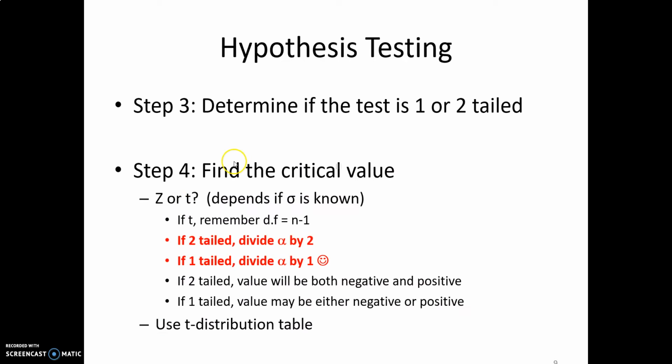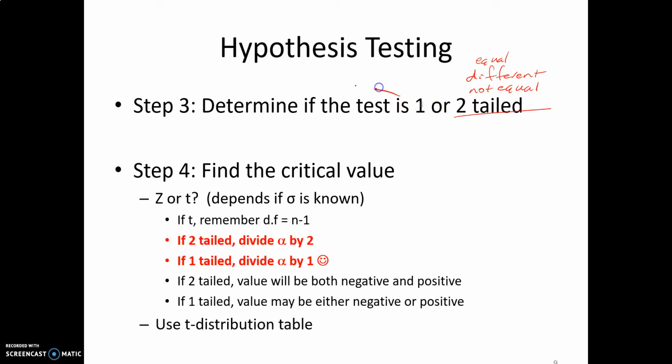The third step we need to do is determine if the test is one-tailed or two-tailed. Of course, this is done by using the key words. A two-tailed test is always going to have the keywords different, not equal, and might even have equal in terms of the null hypothesis.